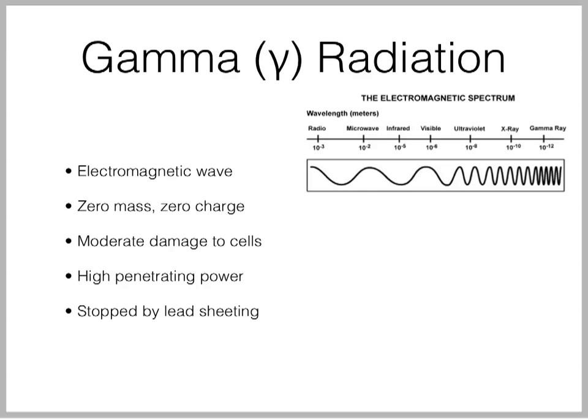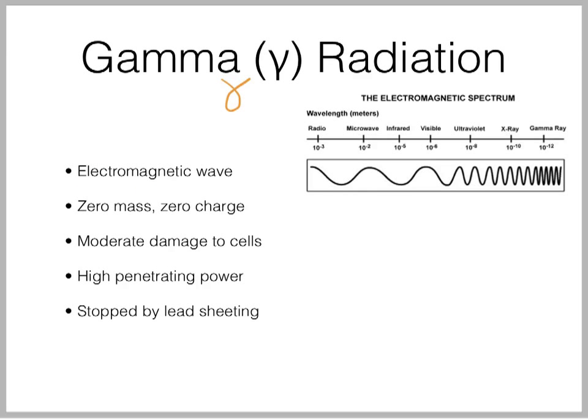The third type of radiation that we're looking at is gamma radiation. Now the symbol is that. It's more often written a bit more simply, just as the Greek letter gamma. Gamma radiation is an electromagnetic wave. So unlike alpha and beta, which are particles, gamma radiation is an electromagnetic wave.